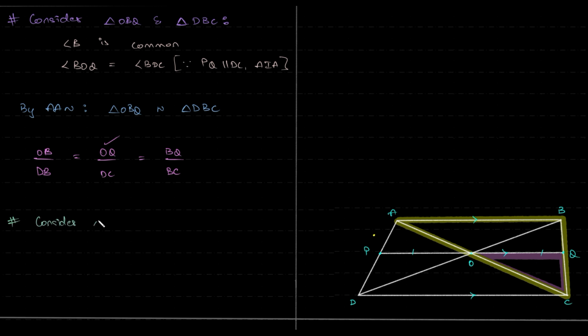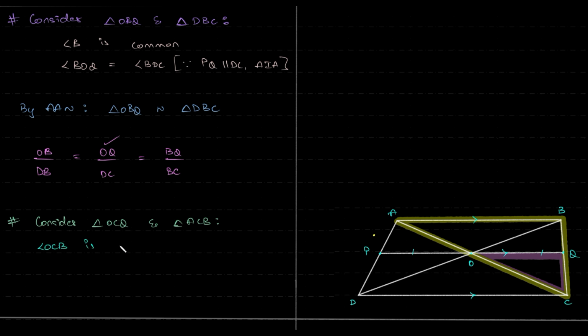Consider triangle OCQ. Guys, we have done such questions, just that we have seen it in a different form. And triangle ECB. So same set of writing. Angle C is common. Actually not C per se. Oh yeah, I can't write B over there.